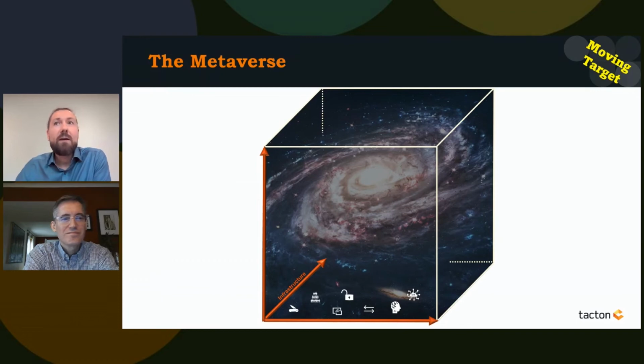It should be device agnostic. It should be open, interoperable. Artificial intelligence, IoT, all those technologies play an important role. And then you have, of course, the big tech stack of Web3, which is about blockchain and cryptocurrencies and NFTs. So this is all the infrastructure dimension of that cube.